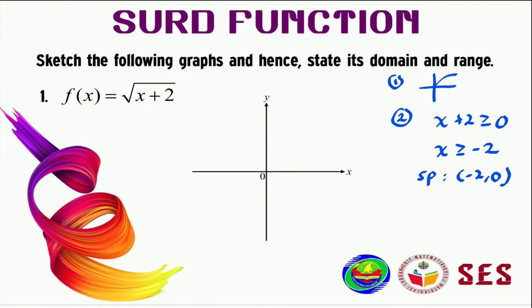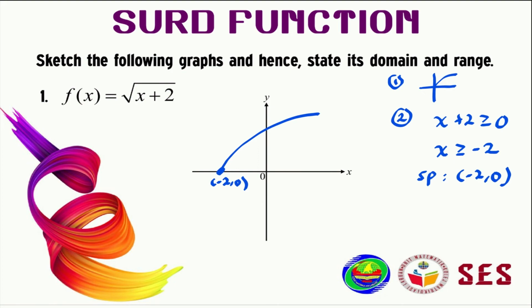Let us plot it on the axis. This is (-2, 0), our starting point, and we have agreed that the shape of the graph is like this. Let us sketch the graph now. It is clearly seen that the graph passes through the y-axis, so we need to find the y-intercept.